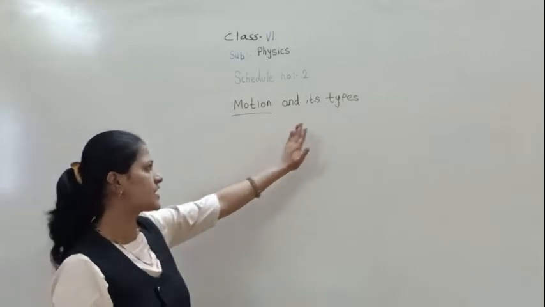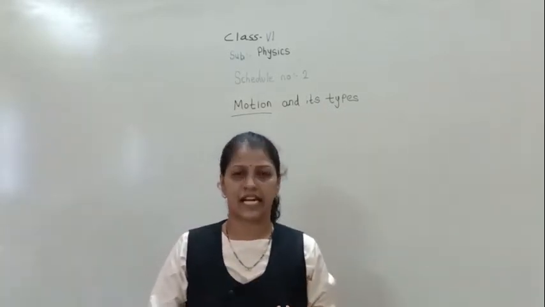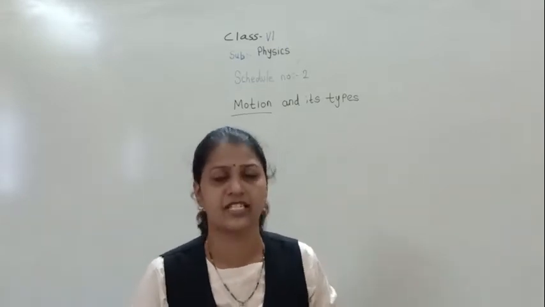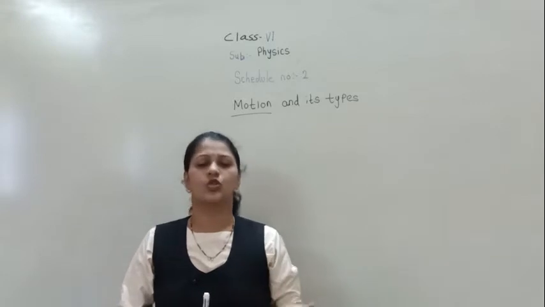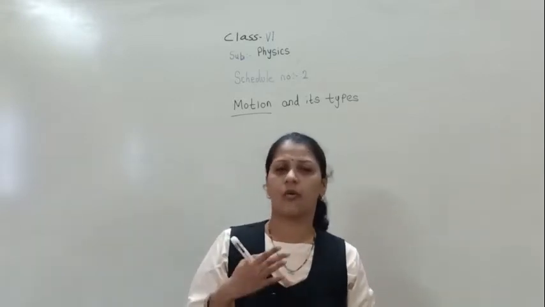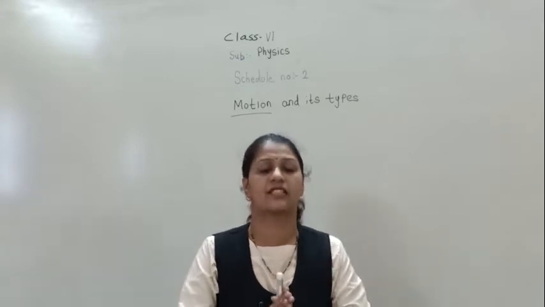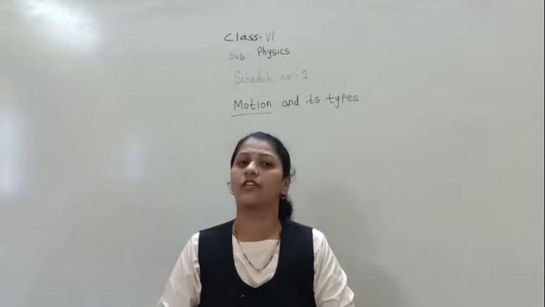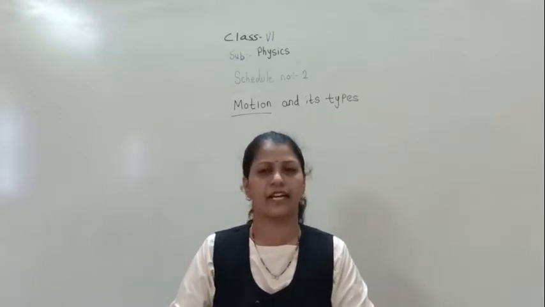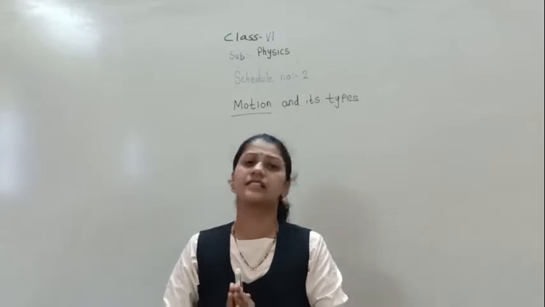Then we have discussed the different types of motion. For example, translatory, in which we have discussed uniform and non-uniform motion. Am I right? So uniform means what? The object which moves in a straight line covering the same distance in the same time. For example, the parade of soldiers, which move at the same distance and at the same time.